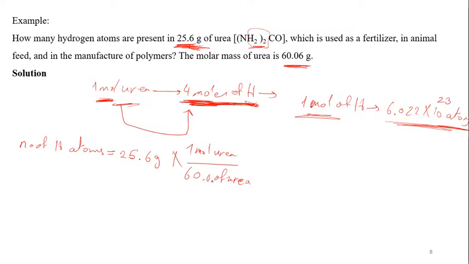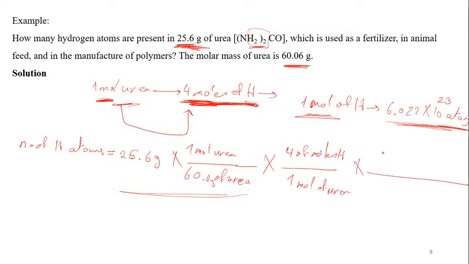Then I will convert to the number of moles of urea. Each mole of urea contains 4 moles of hydrogen, so 4 moles of hydrogen is equivalent to 1 mole of urea.